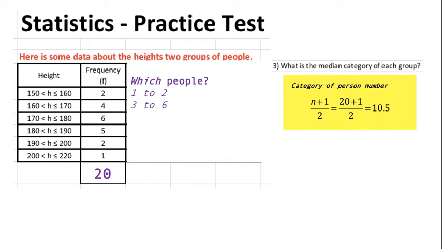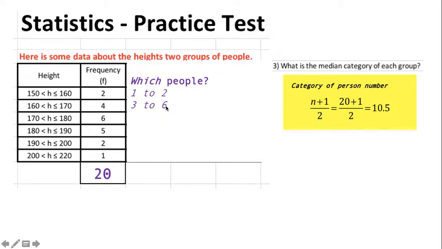So don't get confused by the fact that 6 minus 3 is only 3 and not 4, because you're counting the people at either end as well. So 3, 4, 5 and 6 is clearly 4 people. And just remember, if you take the end of each group and then add the number of people, that should give you the end of the next group.